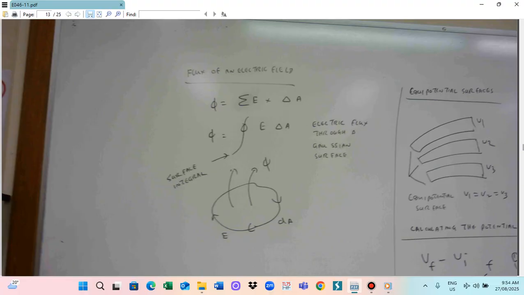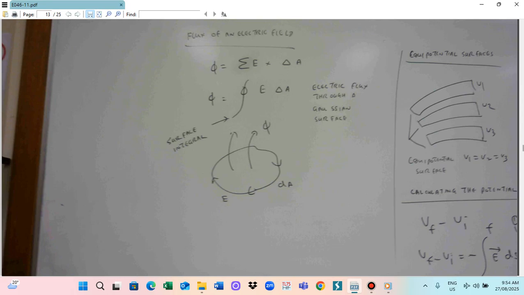Gaussian surface. Electric flux through a Gaussian surface. So electric flux through a Gaussian surface can be calculated.